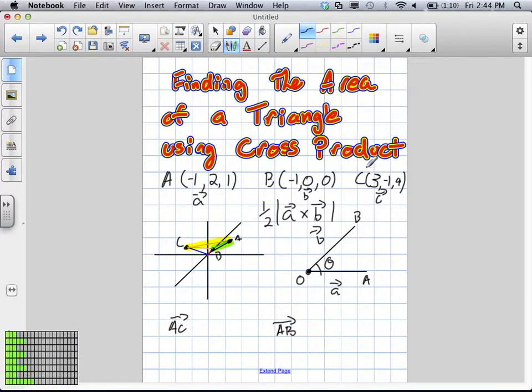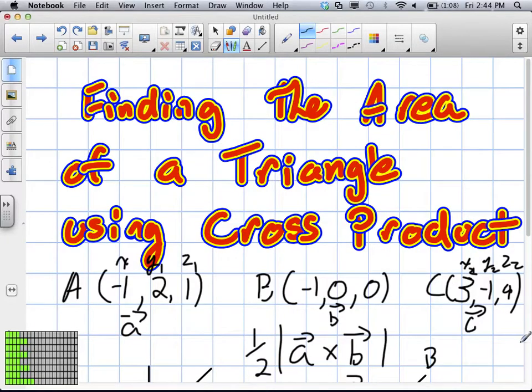Since C is technically our second, this will be x2, y2, z2, and this will be x1, y1, z1. So we plug it into our formula to find out what AC is. Vector AC, the components of it are x2 minus x1, y2 minus y1, and z2 minus z1. I'm going to zoom in here because it's a little hard to see right now.